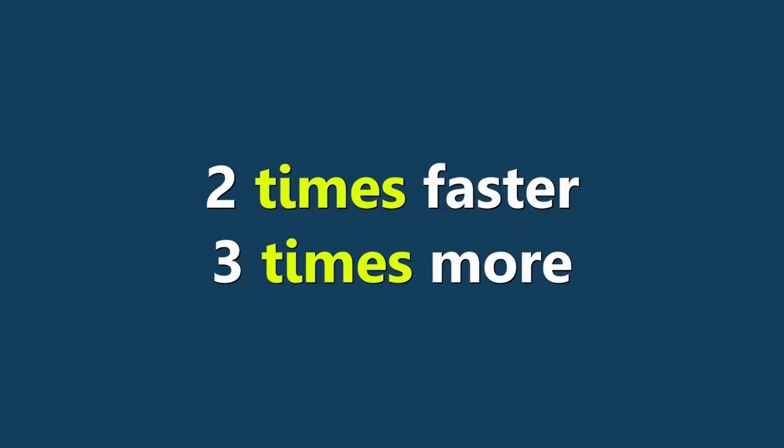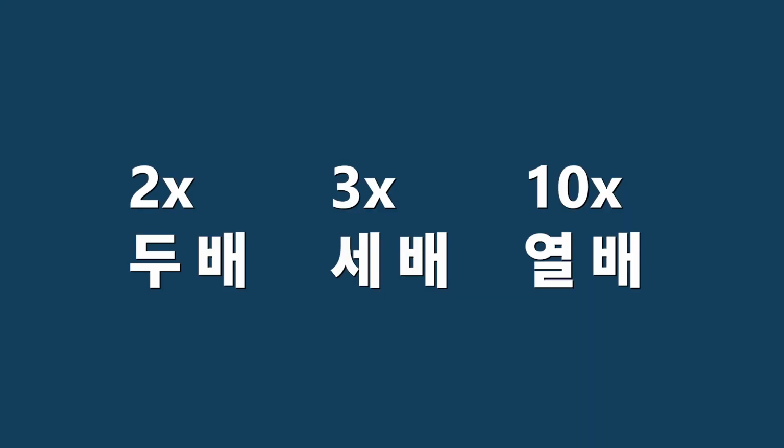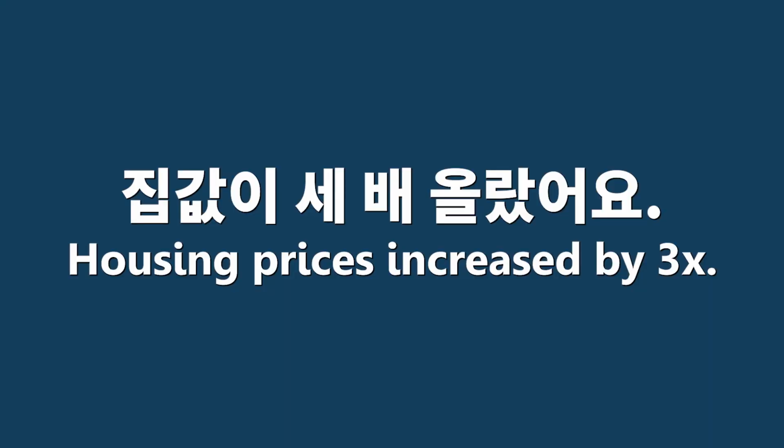Here's another fact that I want to add in regards to multiplication though. When you want to say something like 2 times faster or 3 times more, it's just a number of times, and it's not like multiplying a number with another number. We don't use 곱하기. Instead, we use the word 배, 2배, 3배, 10배. We use native Korean numbers normally to say something times. For example, 집값이 3배 올랐어요.